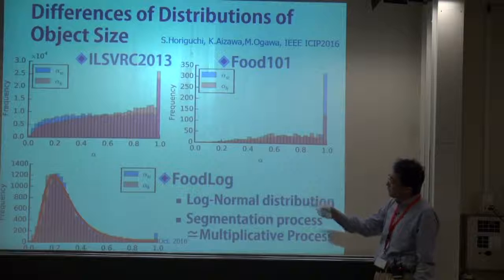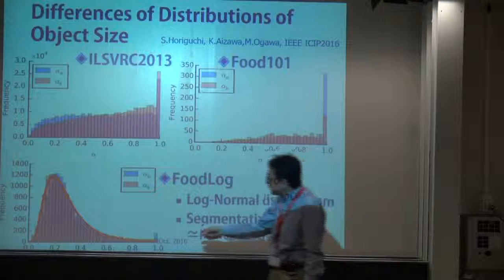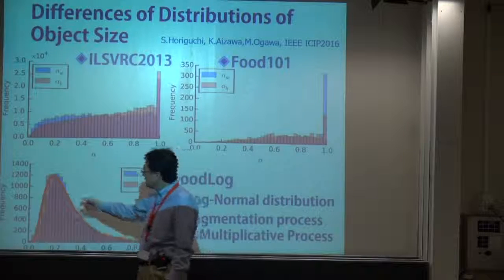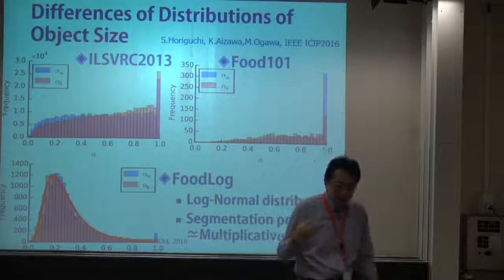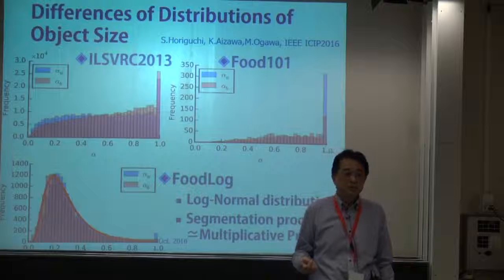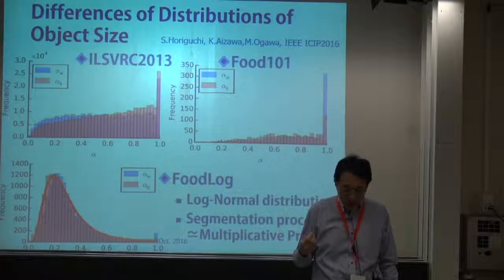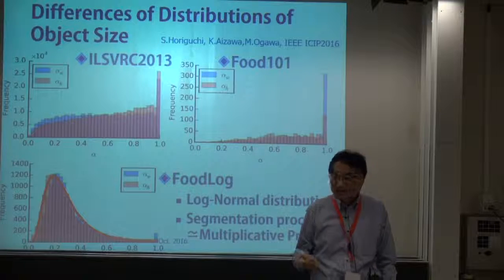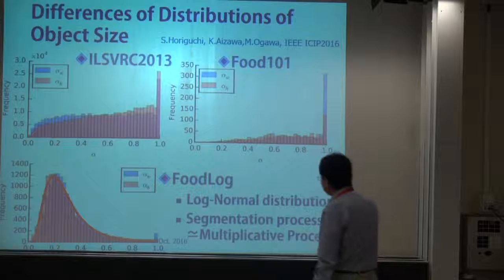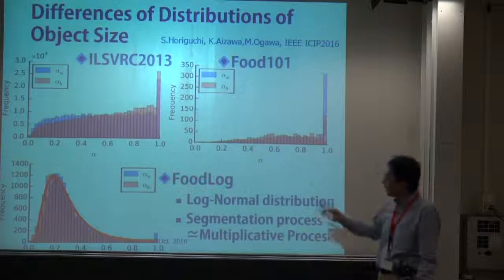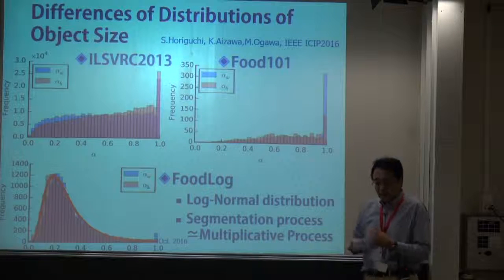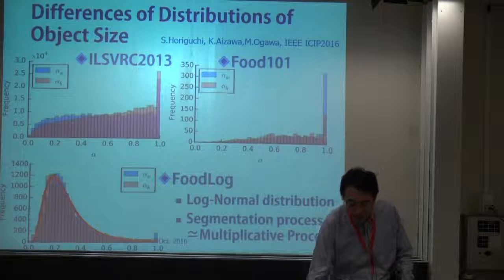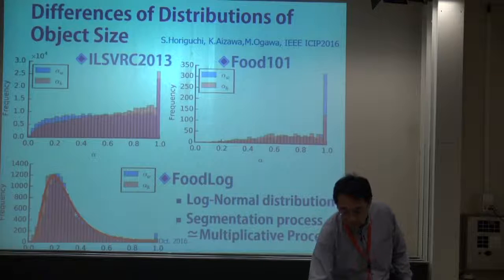But the Foodlog data has a very different nature. It looks like this, and it is very well modeled by a log normal distribution. The reason we saw is that in our case, the segmentation process can be approximated by a multiplicative process.